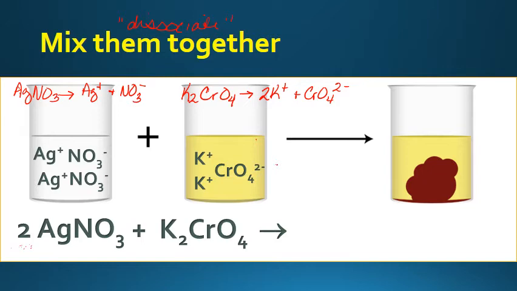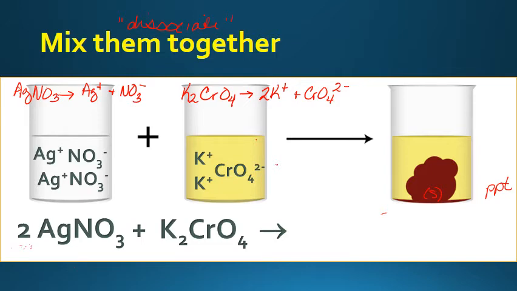When you mix these two together, you get a chemical reaction. You know there's a chemical reaction because look, there's a solid here, or a precipitate. Either one, doesn't matter. So, what are our products? It will be your job to figure out what the products are.